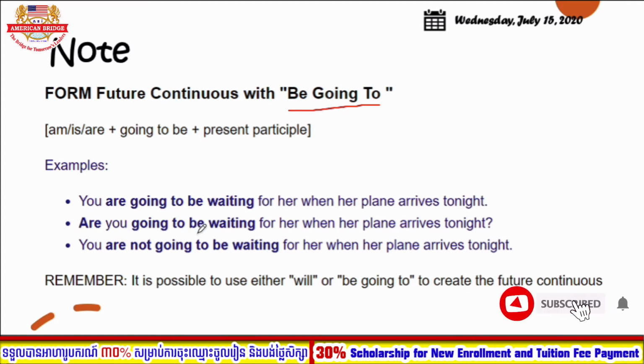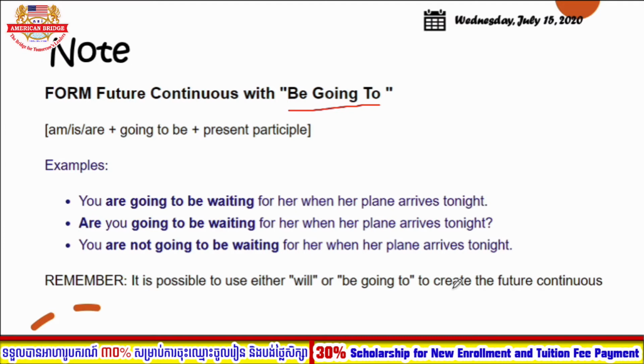Are you going to be waiting for her when her plane arrives tonight? Or you are not going to be waiting for her when her plane arrives tonight, which again has the same or similar meaning to will. So what you need to remember is that it is possible to use either will or be going to create the future continuous sentence. Okay?